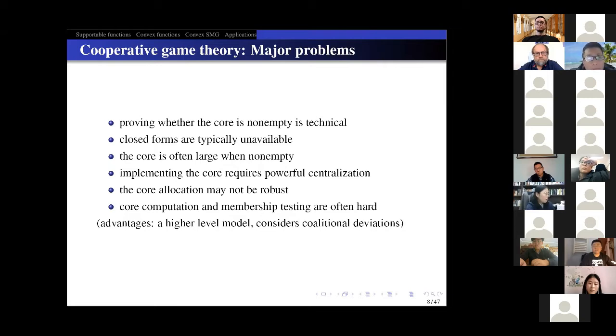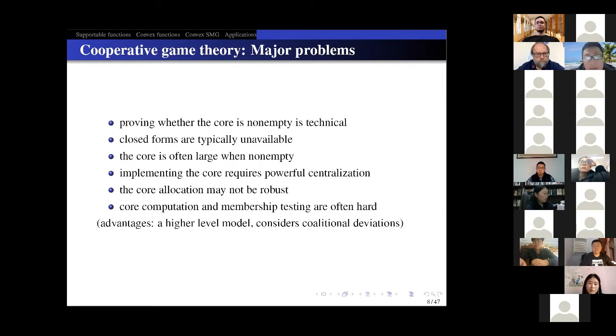For example, most economists master calculus, and calculus is the most powerful mathematical tool. It is a symbolic achievement of modern mathematics, but usually it's very hard to use calculus in the study of cooperative game theory because that's a set function.